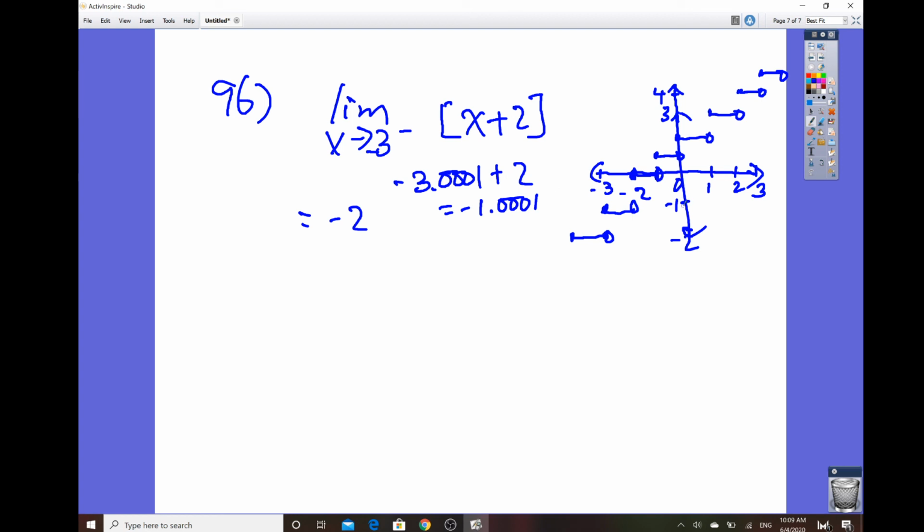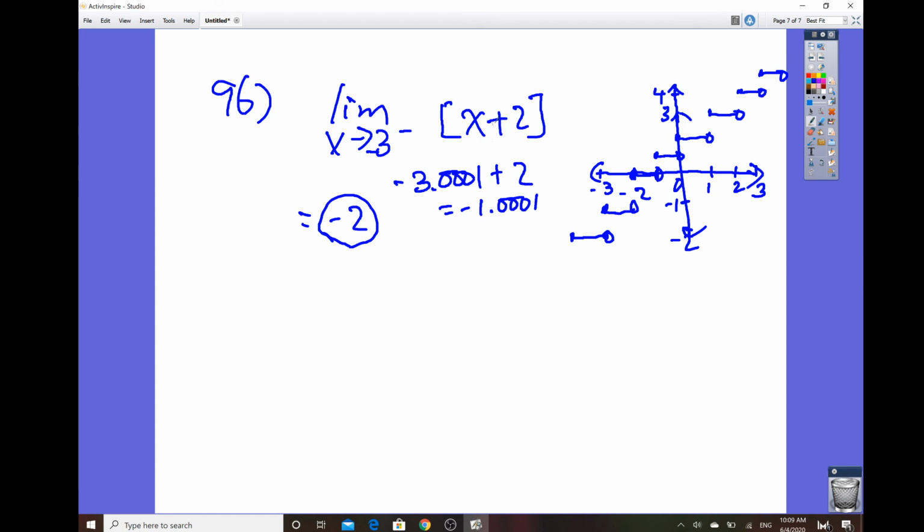So anything that's negative 1.0001, we don't use any decimal for this. Anything that's less than negative 1.0001, we're using this number, which is negative 2. Because this is the greatest integer function, so there's no decimal involved.